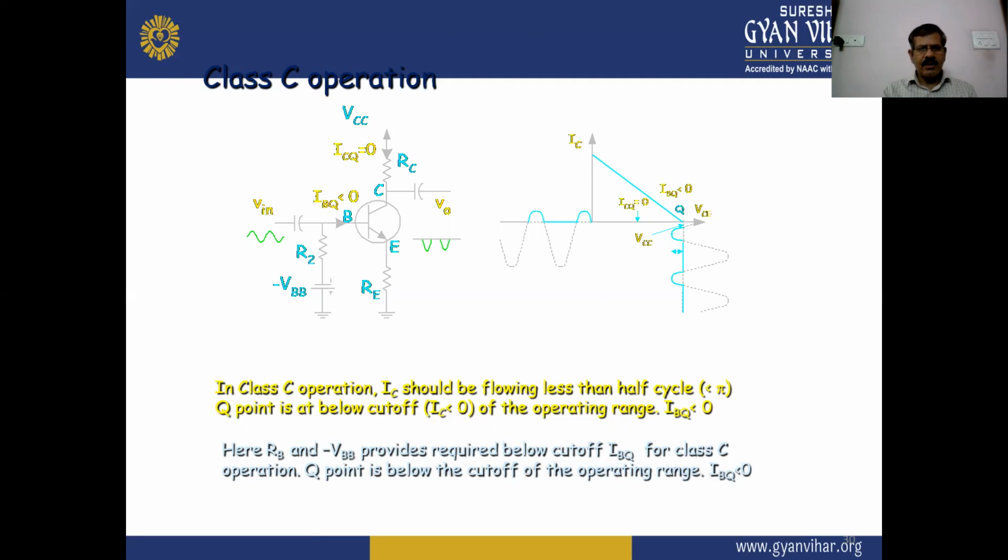Here the base resistance and the base voltage V_BB across the base provide the required below-cutoff I_BQ for class C operation. This is the class C operation.